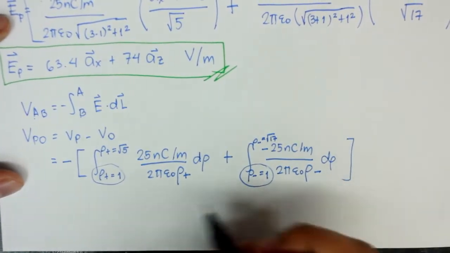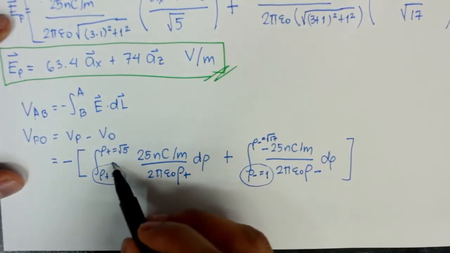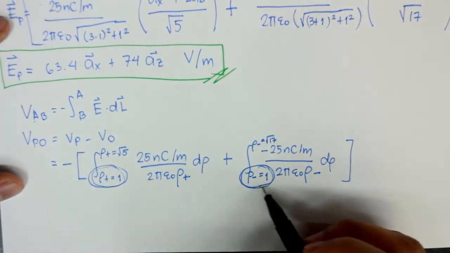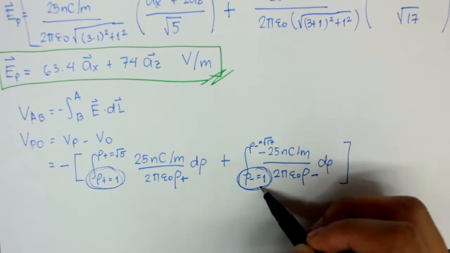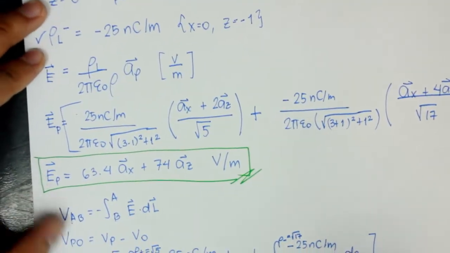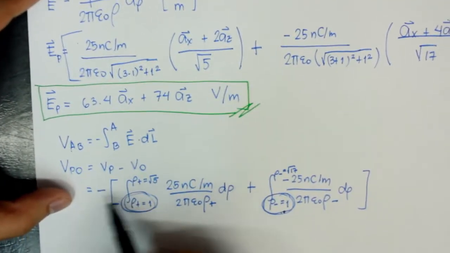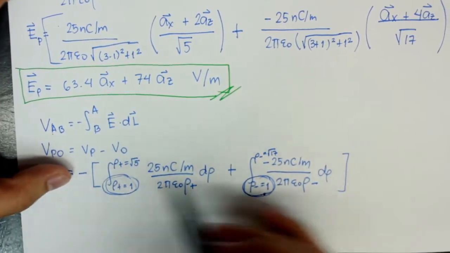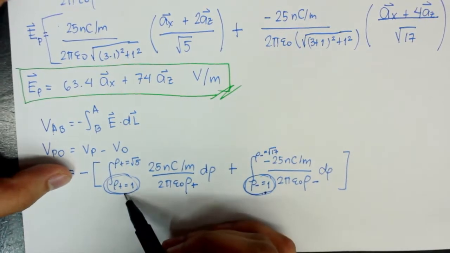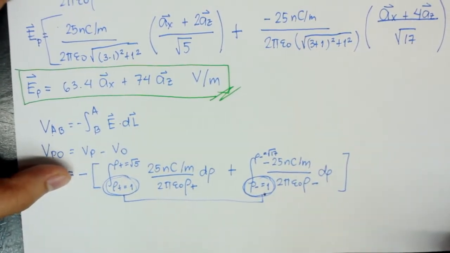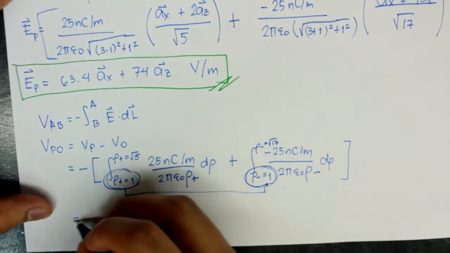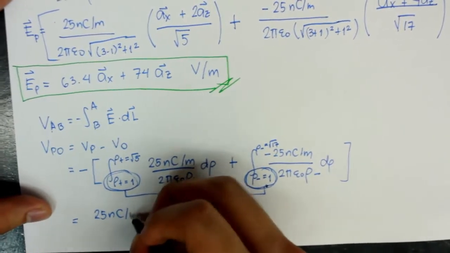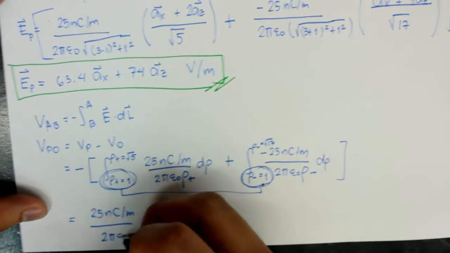Like our previous problem, rho plus equals 1 and rho minus equals 1 are referenced to our surface, the perfect conductor. Thus, the negative of this, plus negative times negative, so positive, these two will cancel. Therefore, what remains, taking out the constant, is 25 nanocoulomb per meter over 2 pi epsilon naught.